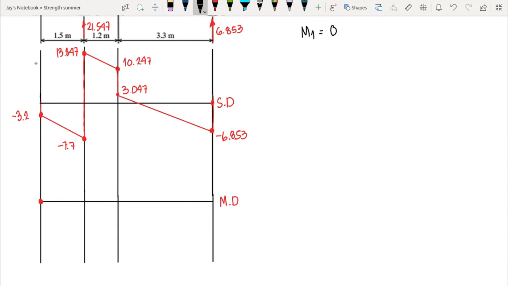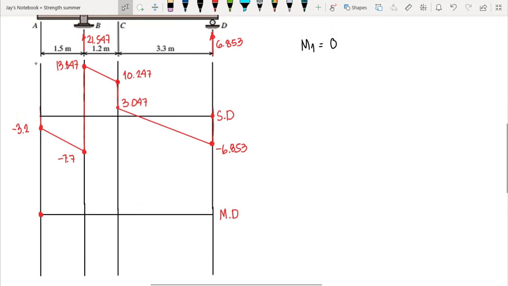And then we can plot our moment at point B by computing the area between A and B. And this area here is a trapezoid, correct? The area of a trapezoid is 1/2 height times base 1 plus base 2, where these bases are parallel. So our moment 2 is equal to our moment 1 plus the area of our shear diagram.